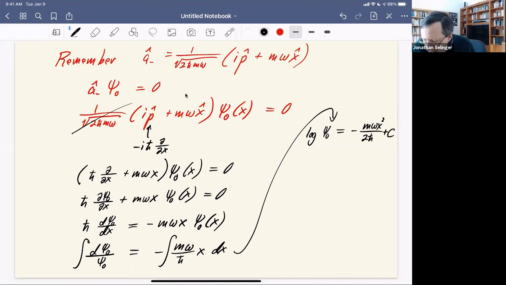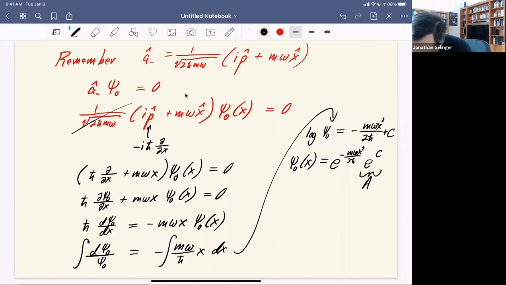If I take the exponential of both sides, that tells us psi 0 of x is e to the minus m omega x squared over 2 h bar times e to the constant. And e to the constant is some other constant, which I can call A, like the amplitude that you've done in your homework.